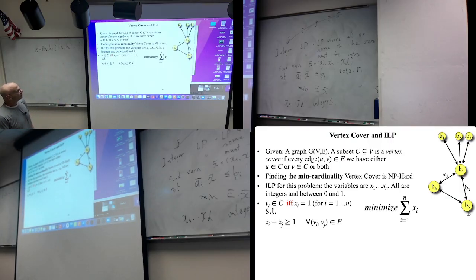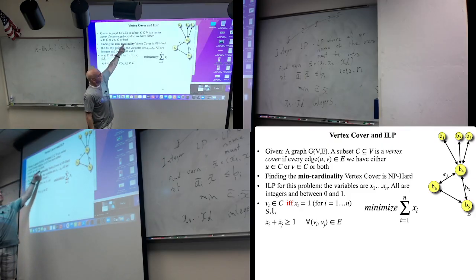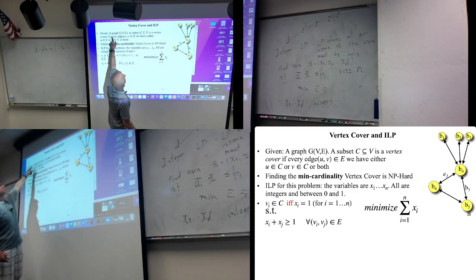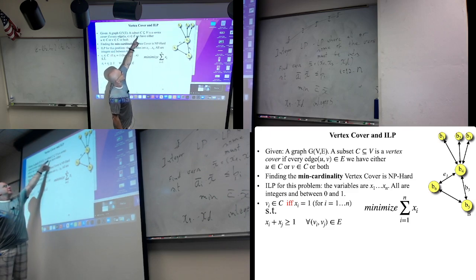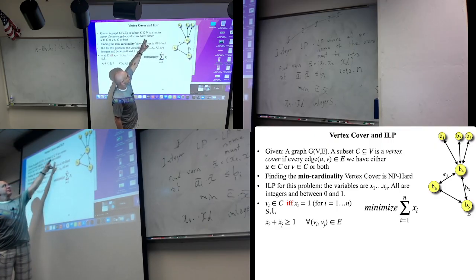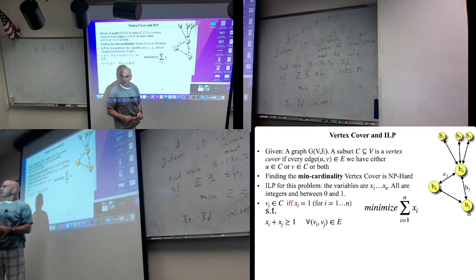And let's talk about one problem that is a hard problem, which is to find a vertex cover of the graph. What is a vertex cover? Find the minimum cardinality vertex cover. When I'm looking for a vertex cover, I'm looking for a set of vertices so that I hit every edge.